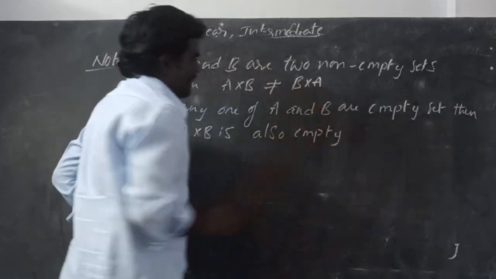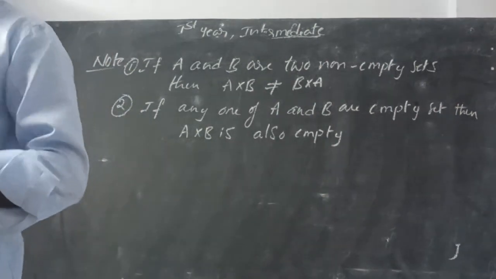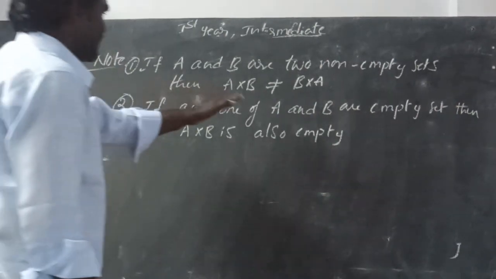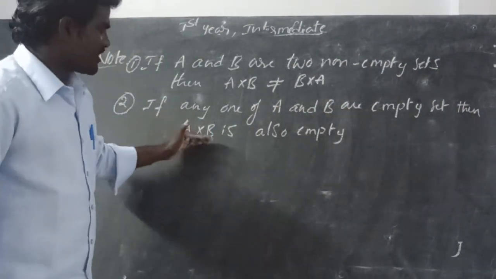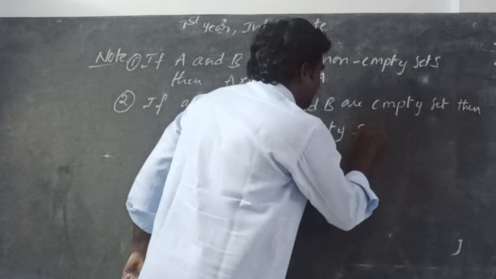Here, either A or B is an empty set, then their Cartesian product is also an empty set.